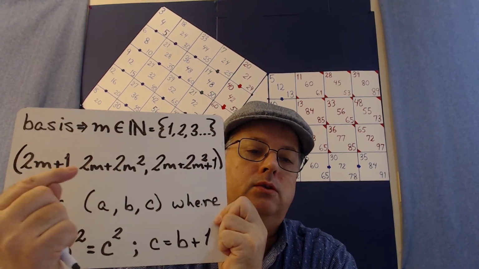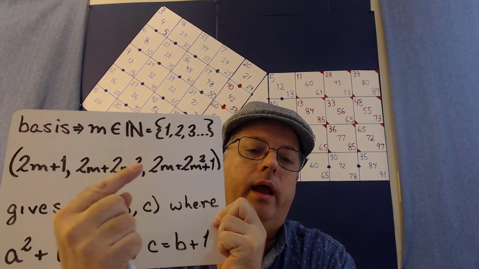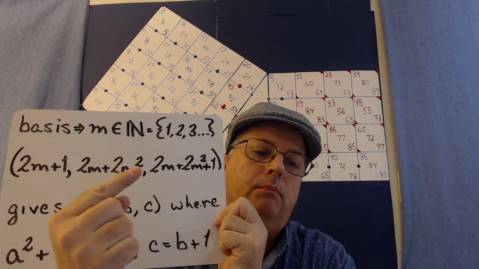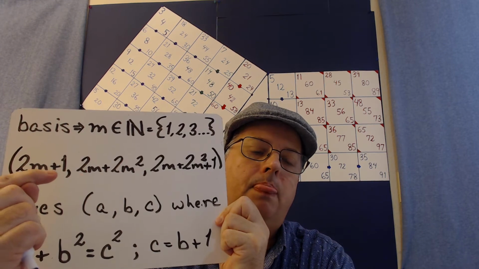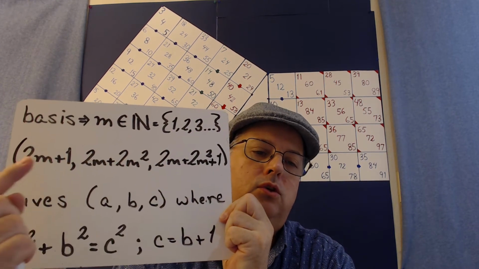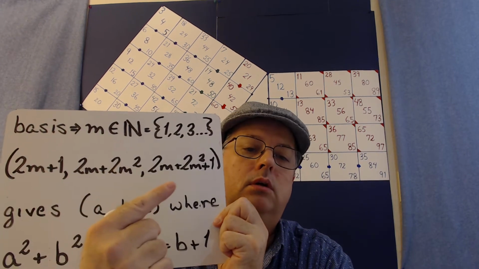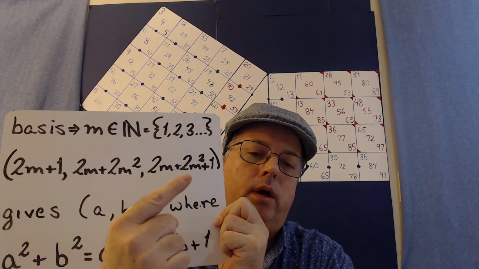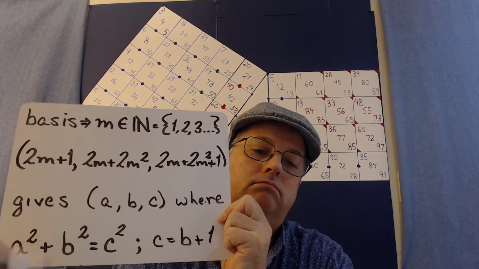So this is an even number here, guaranteed. And then notice this is one more than that even number, just like 2m plus 1 is one more than 2m. And so 2m plus 1 is going to be an odd expression, and 2m plus 2m squared plus 1 will also generate an odd number.